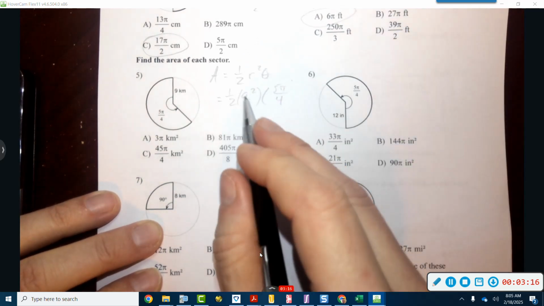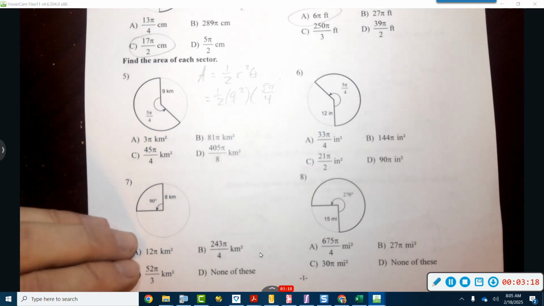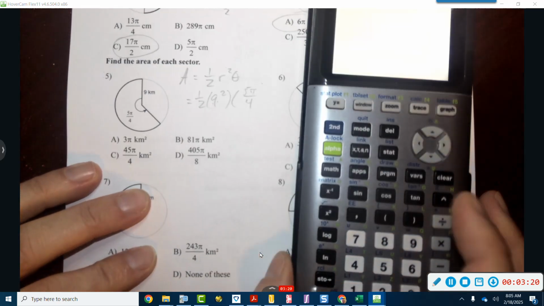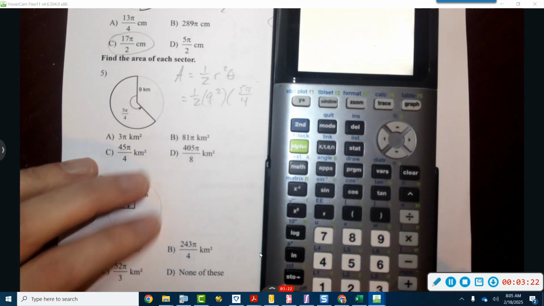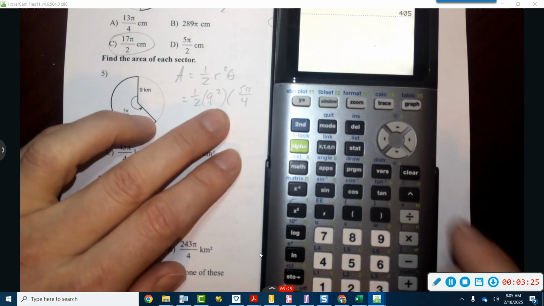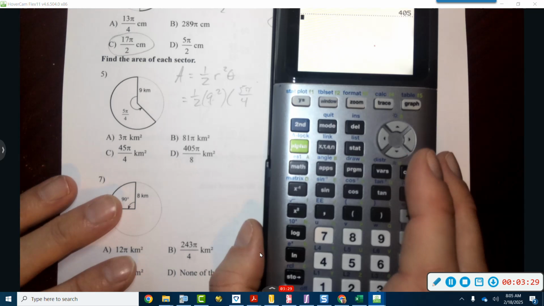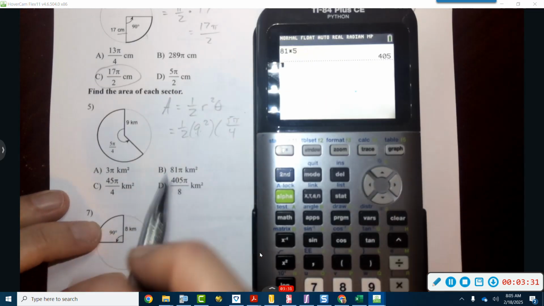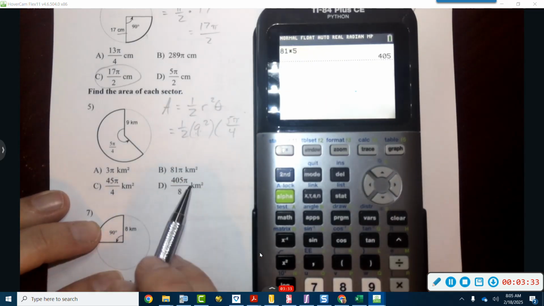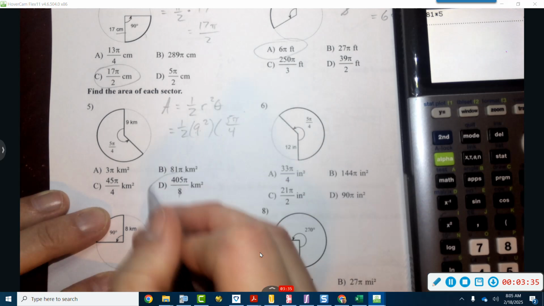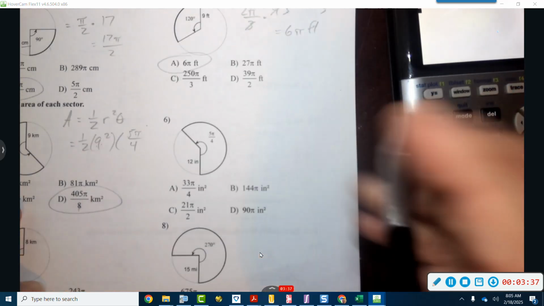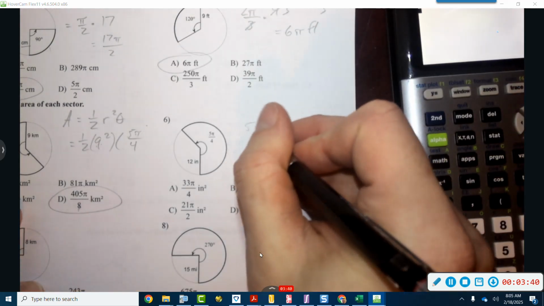All right, that's going to be 81 times 5. So 81 times 5 will go in the numerator, and then we're going to be dividing that by 8. So 405 pi divided by 2 times 4, which is 8. Okay. That's our answer.